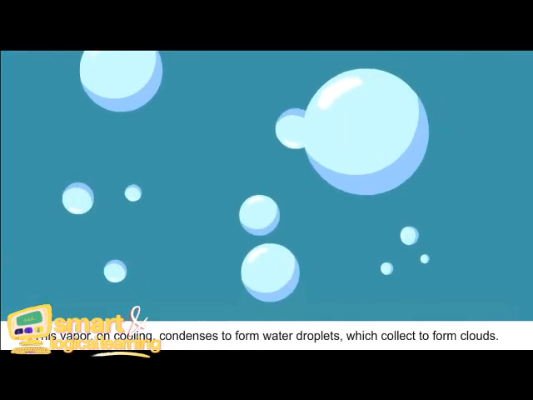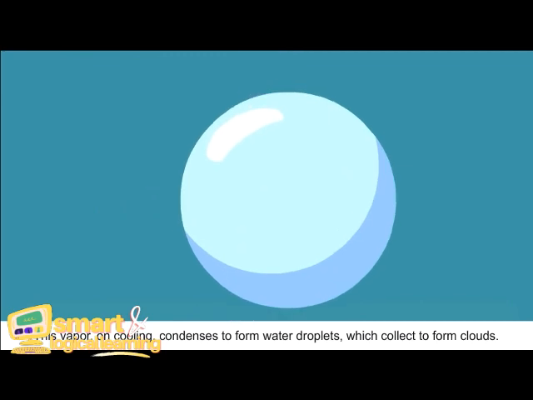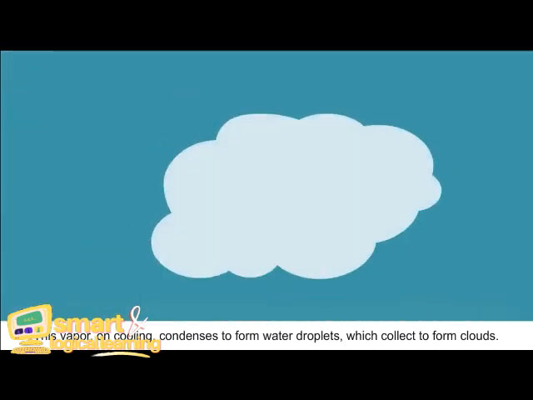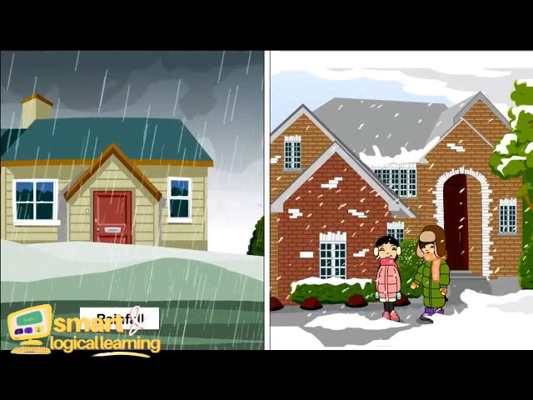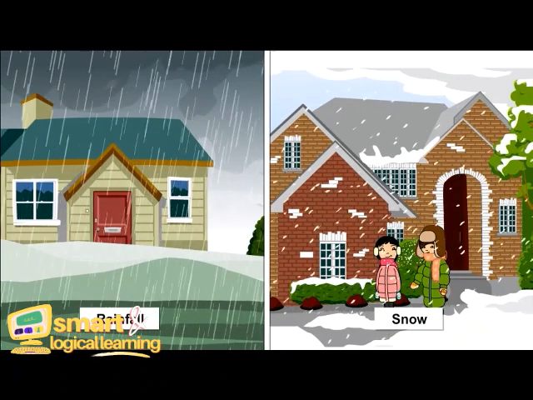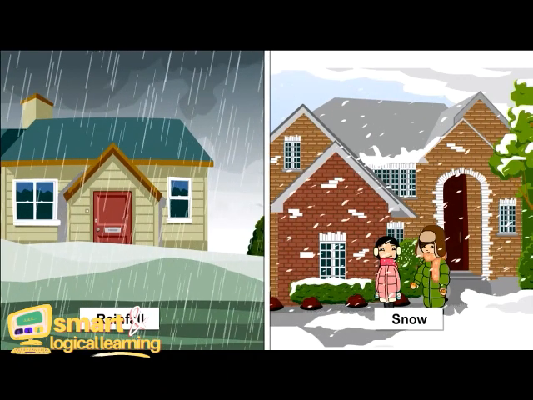This vapor, on cooling, condenses to form water droplets, which collect to form clouds. When the clouds become heavy, they precipitate or fall down in form of rainfall or snow or sleet, depending upon the existing temperature of the area.